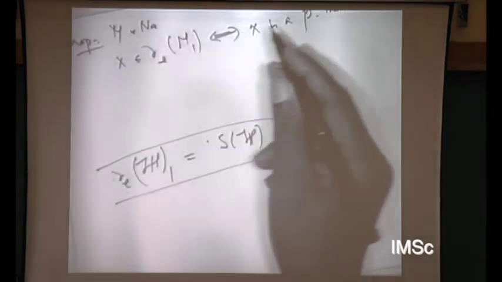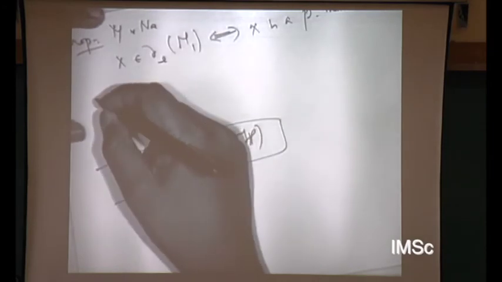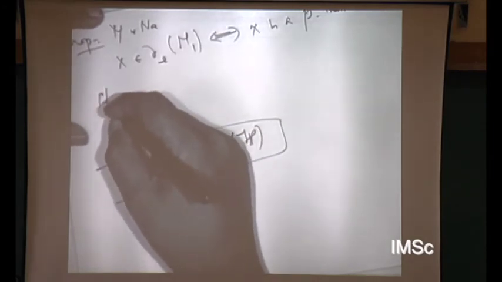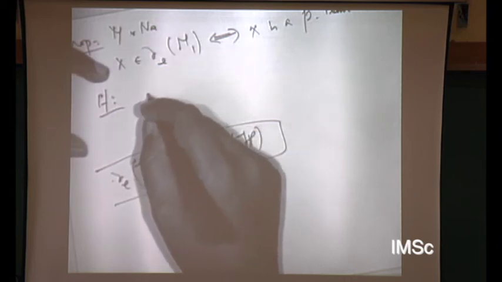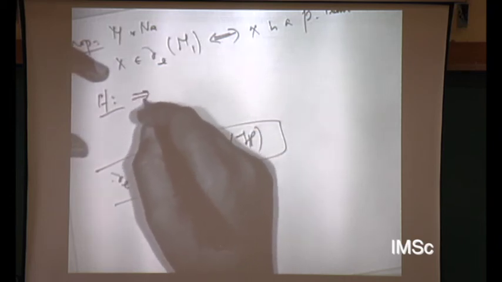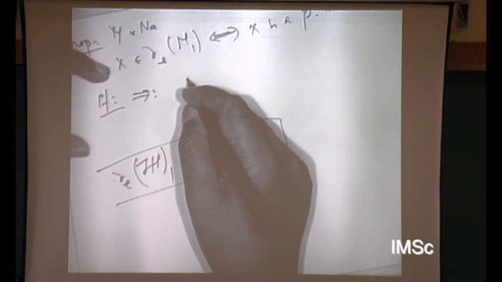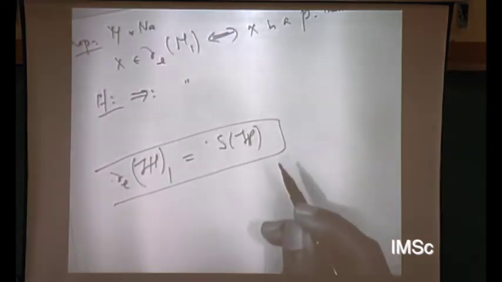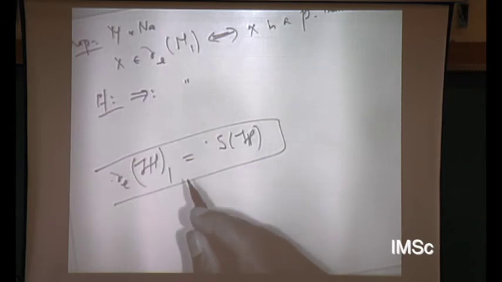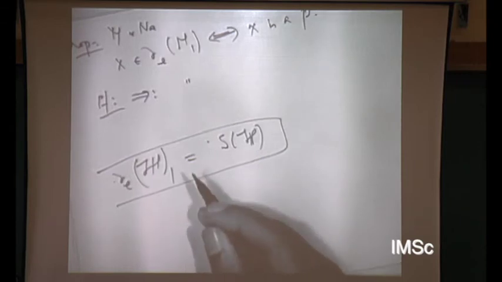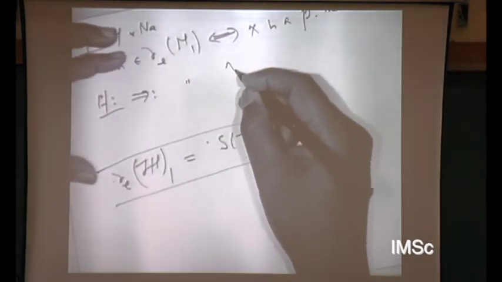That's how we will prove this thing. So what do I have to prove? Suppose, so let us prove this way. Suppose this is true. Then let me take its Fourier decomposition.